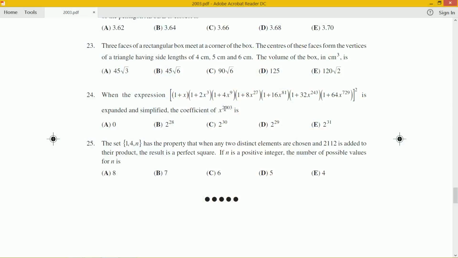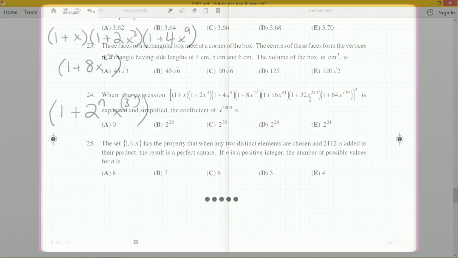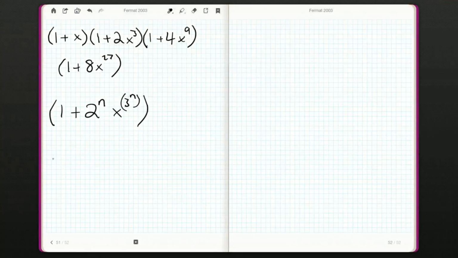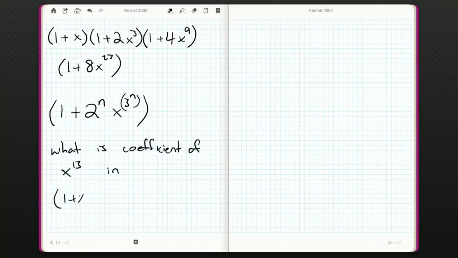Now, 2003 is a big, scary number, and this is a big, long, scary expansion. So what I'm actually going to do is take a look at something simpler. And this is a nice way to do things. I'm going to instead ask, what is the coefficient of x^13 in the expansion (1 plus x)(1 plus 2x^3)(1 plus 4x^9), and I can't forget that everything got squared.